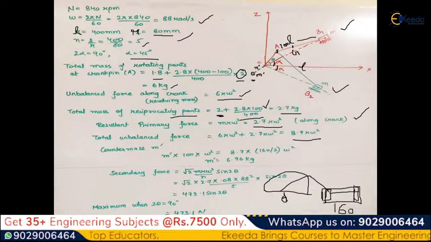So m dash r dash, which is 100, into omega square is equal to 8.7 r omega square. The speed for both the systems remains the same, so it will cancel out, and we already know the radius for this crank is half of the stroke, which is 80, and we know the mass, so we can calculate what should be the counter mass added for the system.